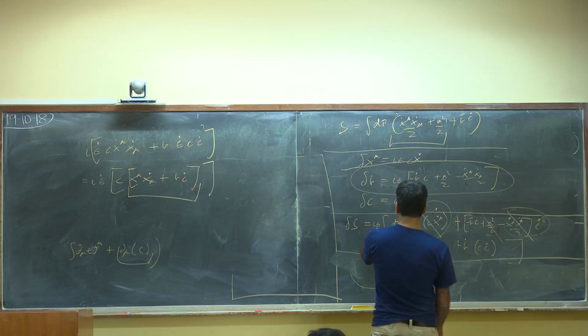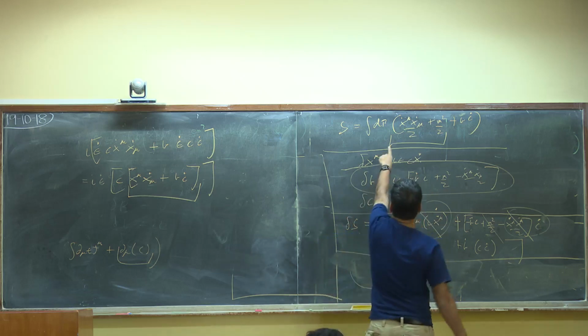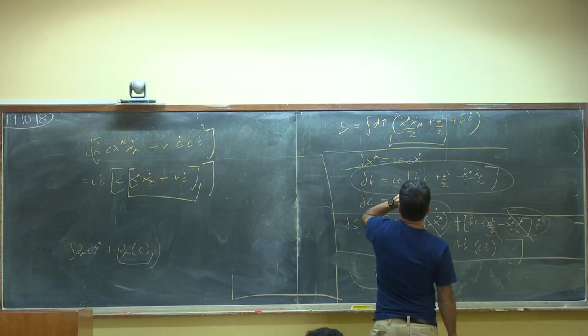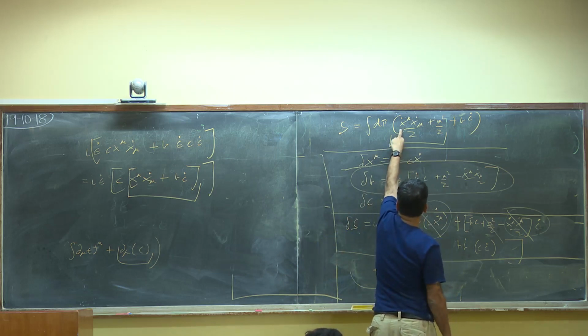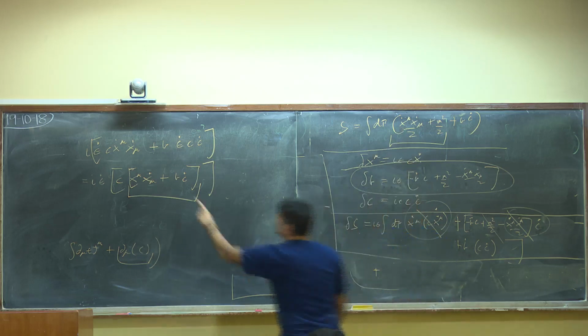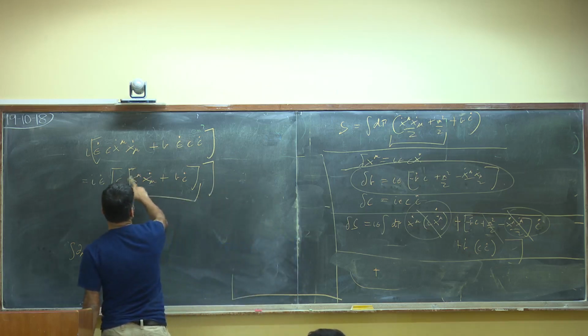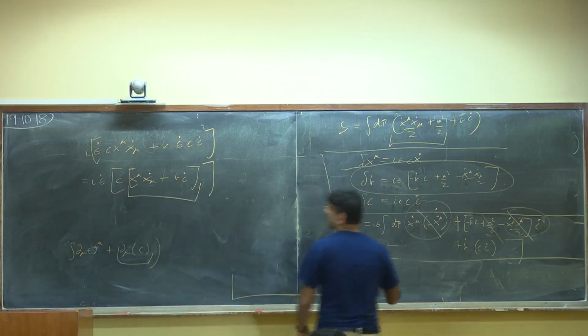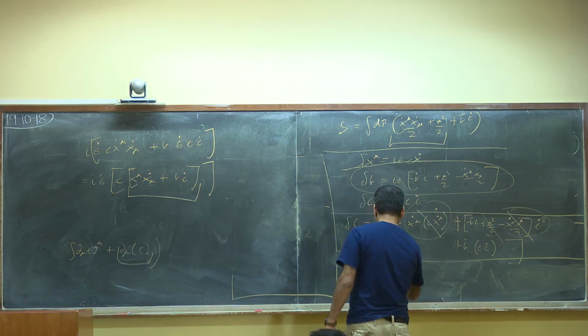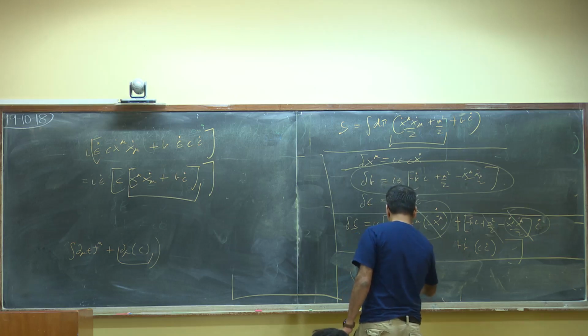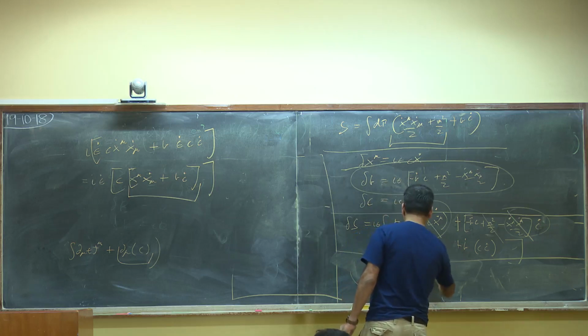Then what additional terms do we have with epsilons? The additional terms we have with epsilons, as we've said, are these terms, right? The additional terms we had with epsilons are plus i epsilon dot C x mu dot x mu dot.